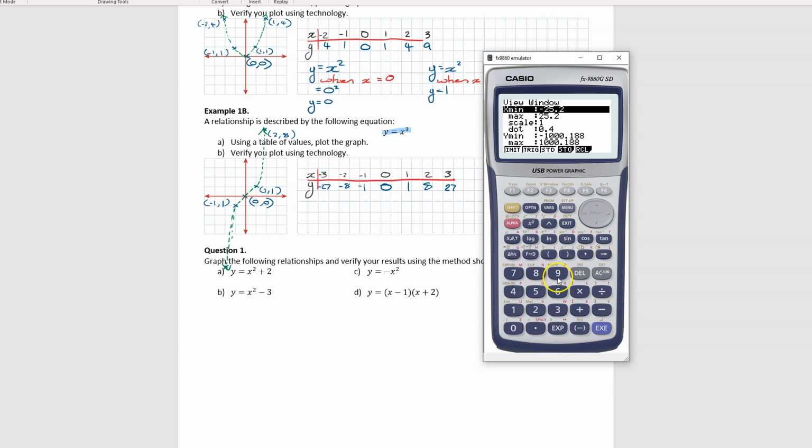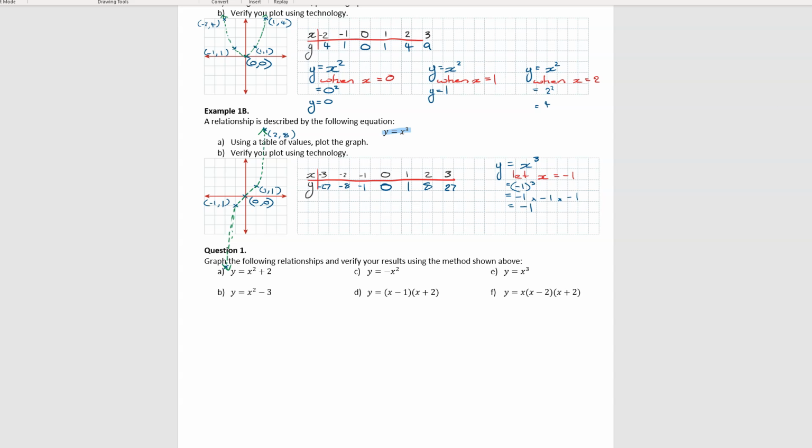And I can manually set it to say minimum of -3, maximum of 3, and then down to Y min and Y max. I can set it to the values I've got here. So Y min would be -27, and then 27 there. Exit, and then draw, and I've got the window focus to all of the points that are plotted here.